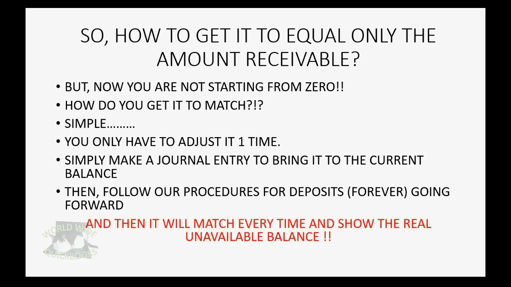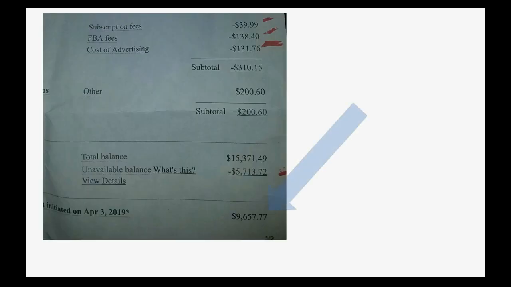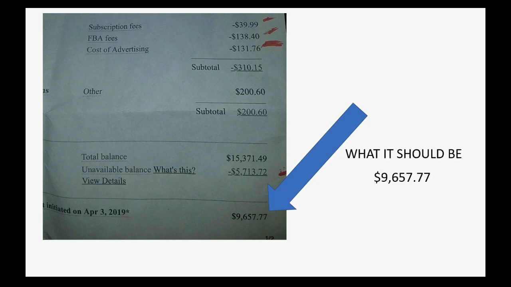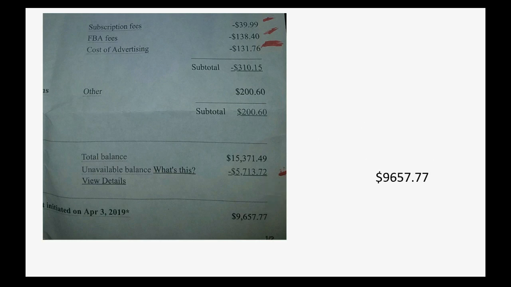And then it will match every time and show you the real unavailable balance that you can expect to receive in the next statement. In other words, this is the amount that it should be, because that's the amount at the bottom that you expect to receive in the next statement. However, this is what it is in our current records.